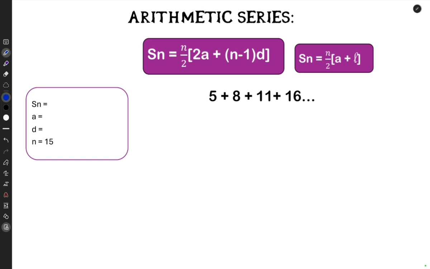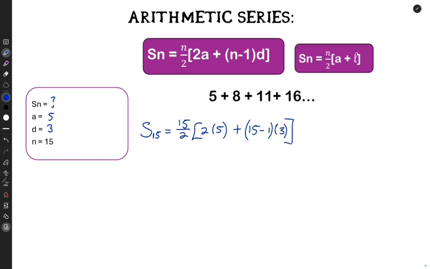Let's look at the sum of the first 15 terms. I don't know what Sn is, so I'm just going to put a question mark, but I know that a is 5, and d is 8 minus 5, so d is 3 that I'm adding the whole time. Let's sub in. I'm working out S15: 15 over 2, times 2 times 5, plus 15 minus 1 times 3.